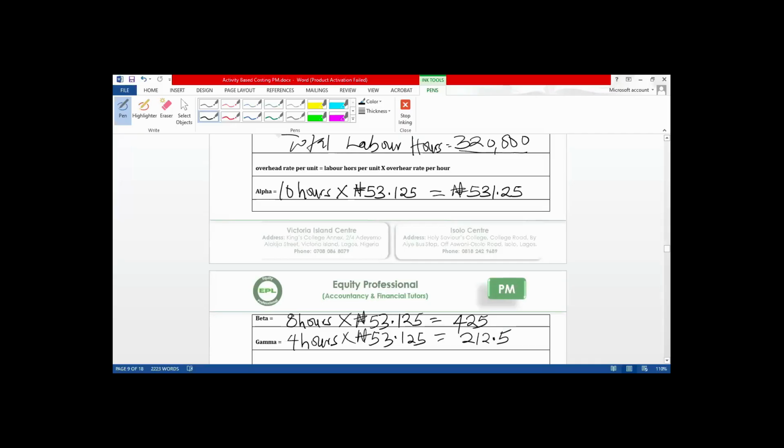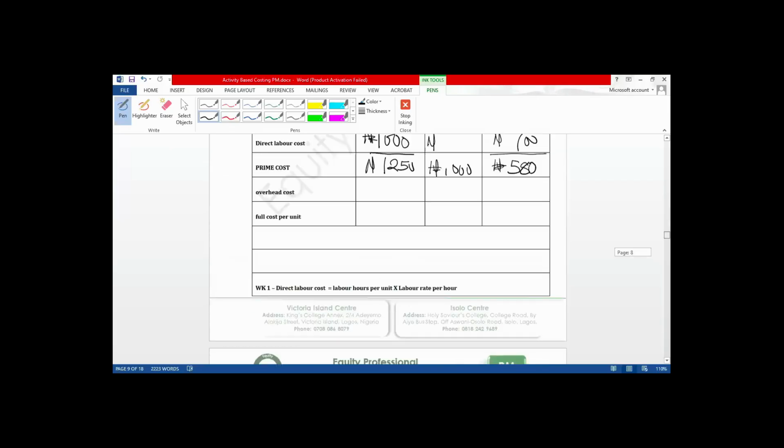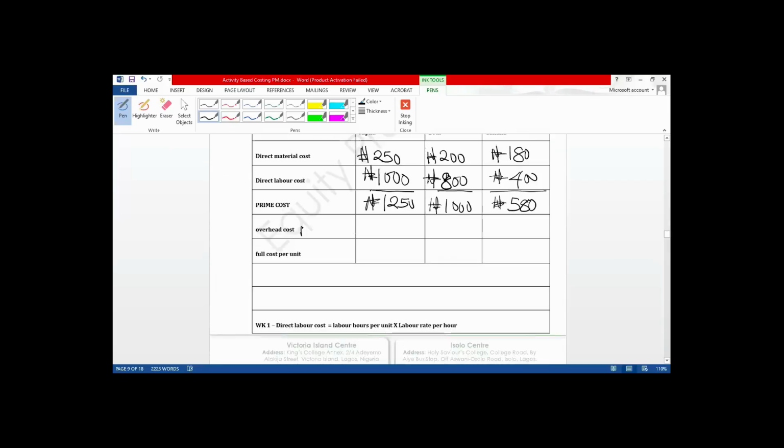You can now return to your solution above. Overhead cost per unit is 531.25, 425, 212.5. You can now get full cost per unit: prime cost plus overhead cost. Please sum up.